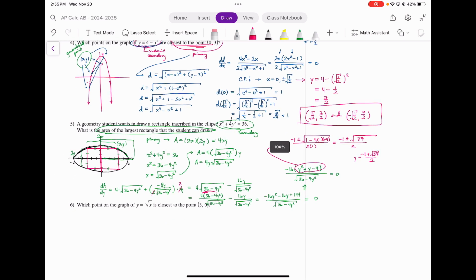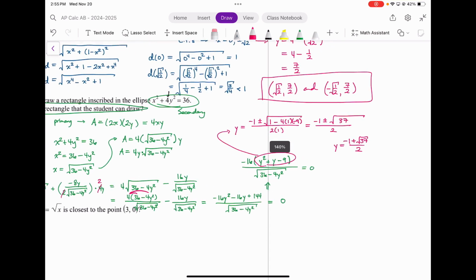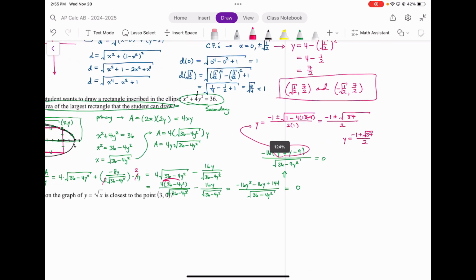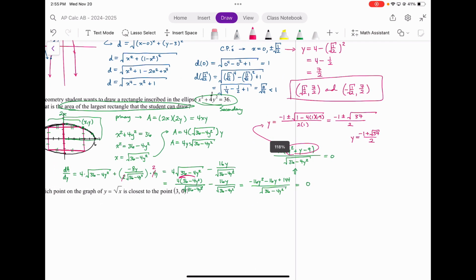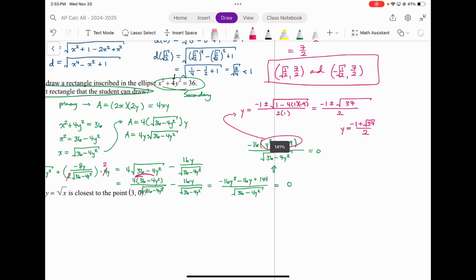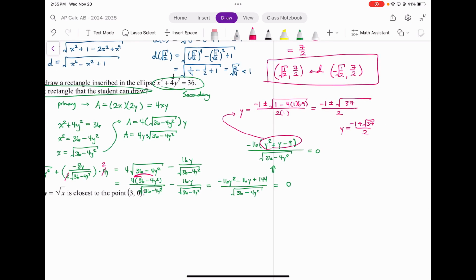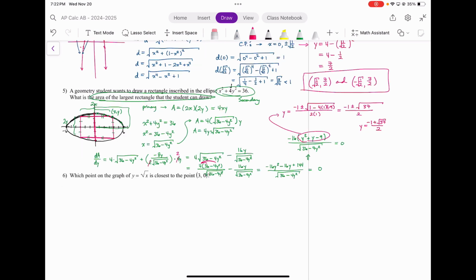And we're trying to find the area. So if that's my y, for my x we would have to plug that into the ellipse formula to get the x, and then we would have to multiply the two numbers to get the area. All right, so let's go ahead and do it.